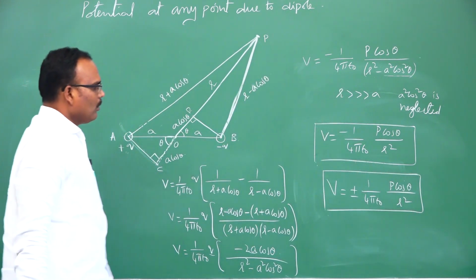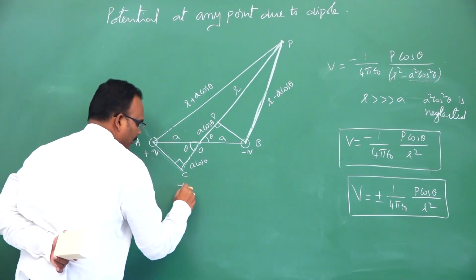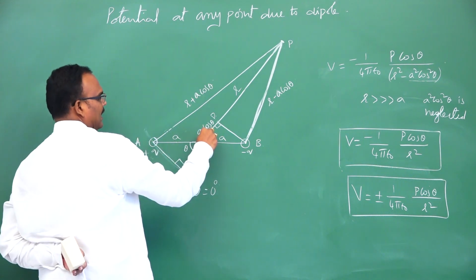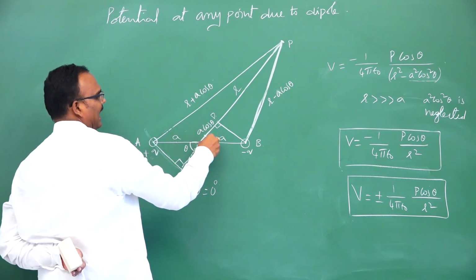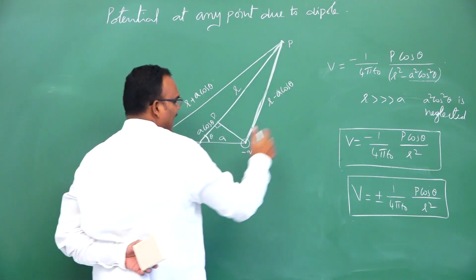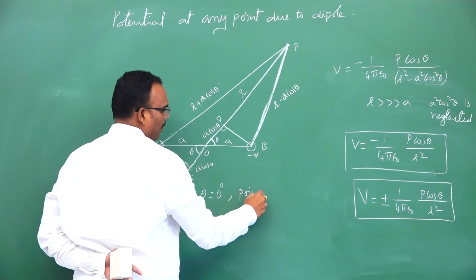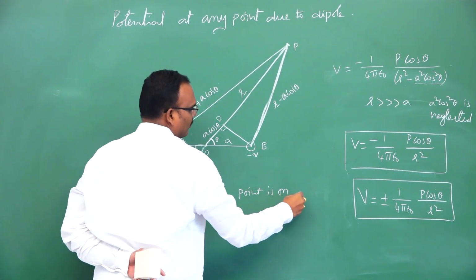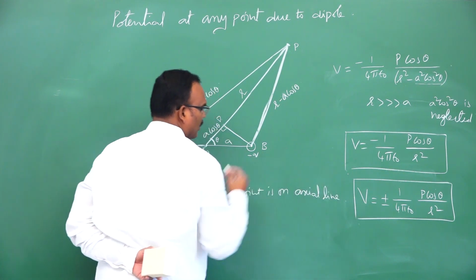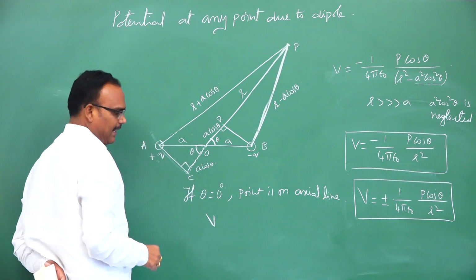Okay, what I do, I'll write conclusions. See, for example, if theta is equal to 0, this angle theta means this is the angle. This angle is 0 means this point is on the axial line. That means potential along the axial line.